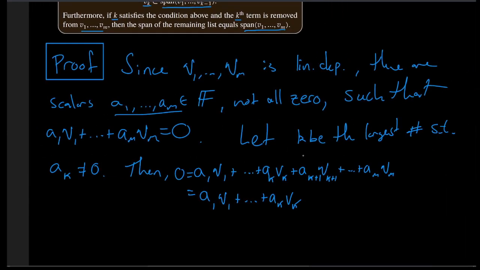So this is the largest one that's not equal to 0, meaning that everything afterward is equal to 0. So the rest of these are plus zeros.